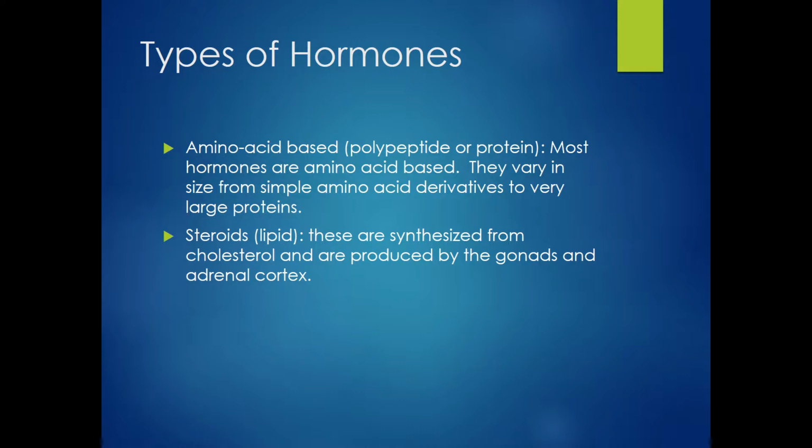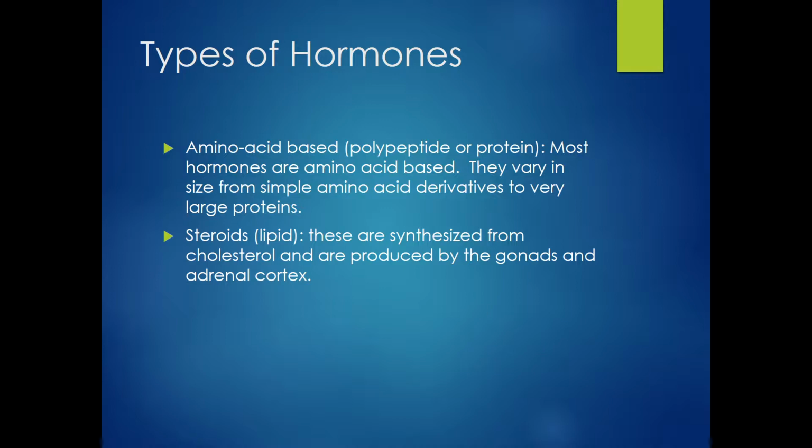All right, so we have 2 kinds of hormones. I lumped the epinephrine and the thyroxine in with the other proteins. So we have the amino acid ones like the catecholamines and thyroxine, or we have the bigger ones, which are the regular proteins like vasopressin or ADH or aldosterone.